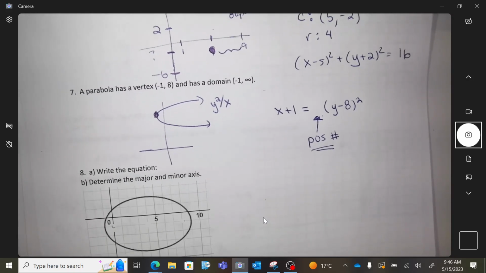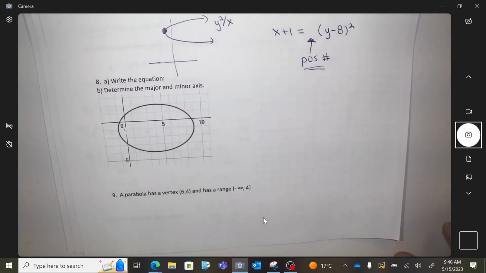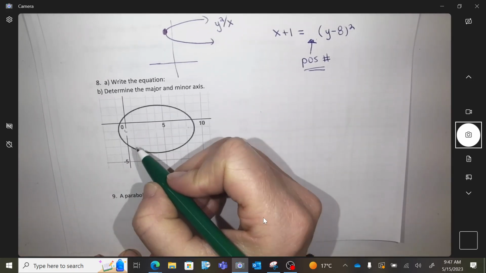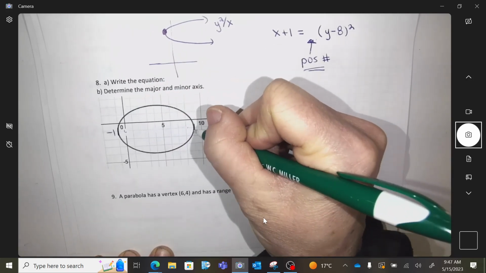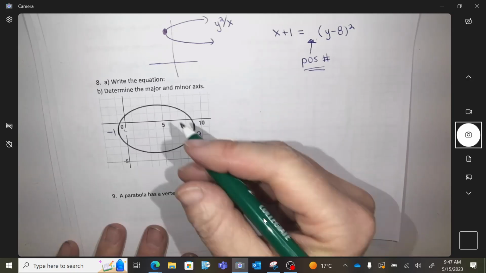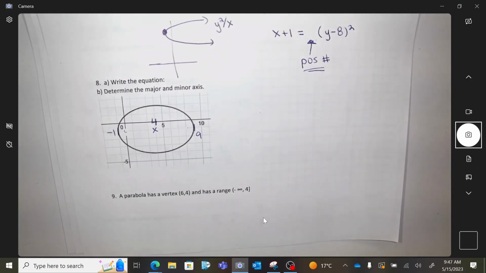Okay, write the equation and get the major and minor axis. Oh, do you like that I erased probably the center point here or something? Can you see it on my paper? Okay, I'm just going to give myself some ticks here. That's a -1 and that's a 9. So 4 should be the number right in the middle of that then, right?